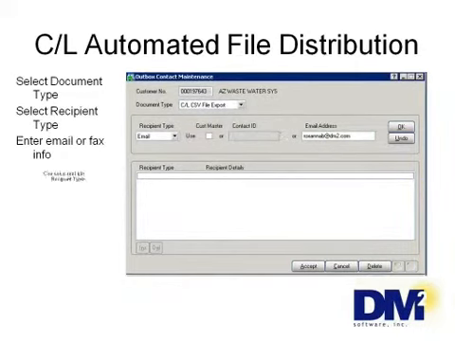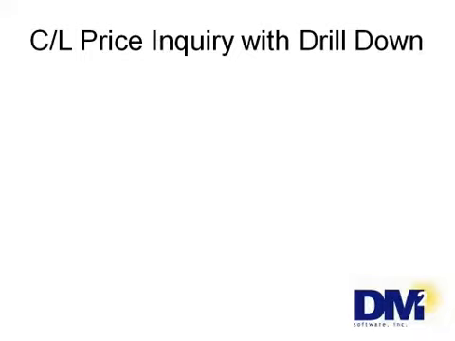I'm going to email or fax, and as we always know, we can set up multiple recipients for them, and then when I'm sending out or generating my invoices, it will automatically send that CSV file out based on our Outbox setups.